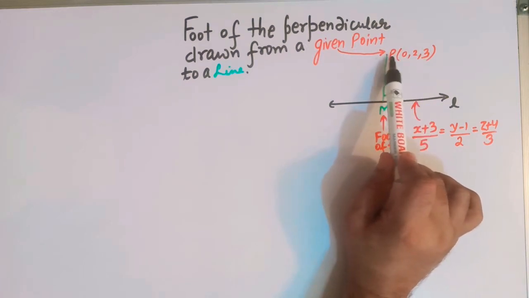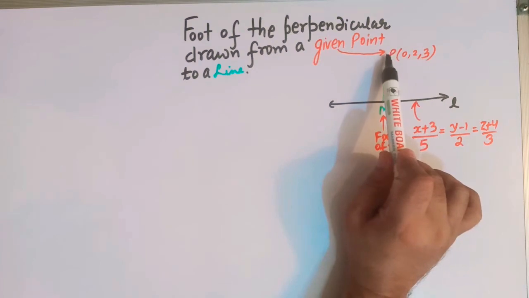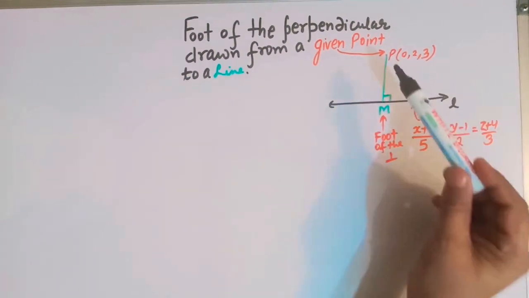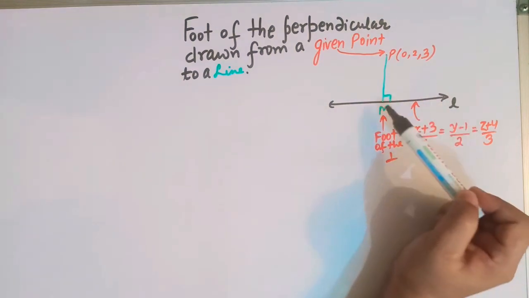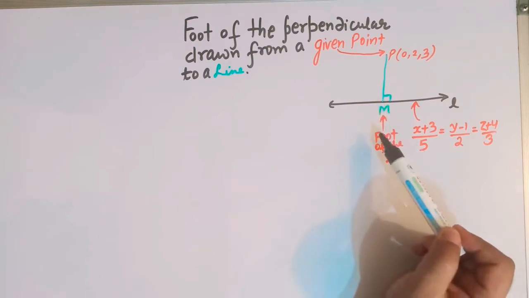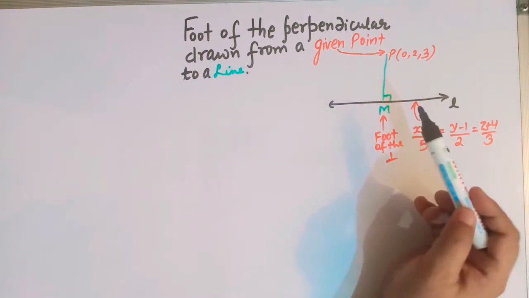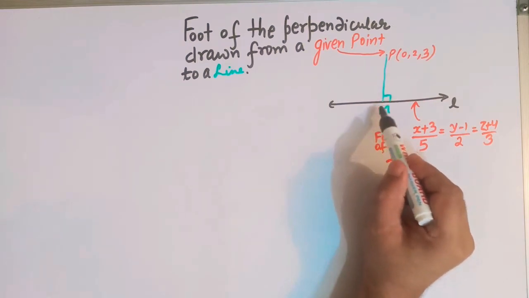So the coordinates of the point P are 0, 2, 3. Now from this point P we have dropped a perpendicular on this line L, and the foot of the perpendicular is M, right? And our aim is to find the coordinates of this point M, right?